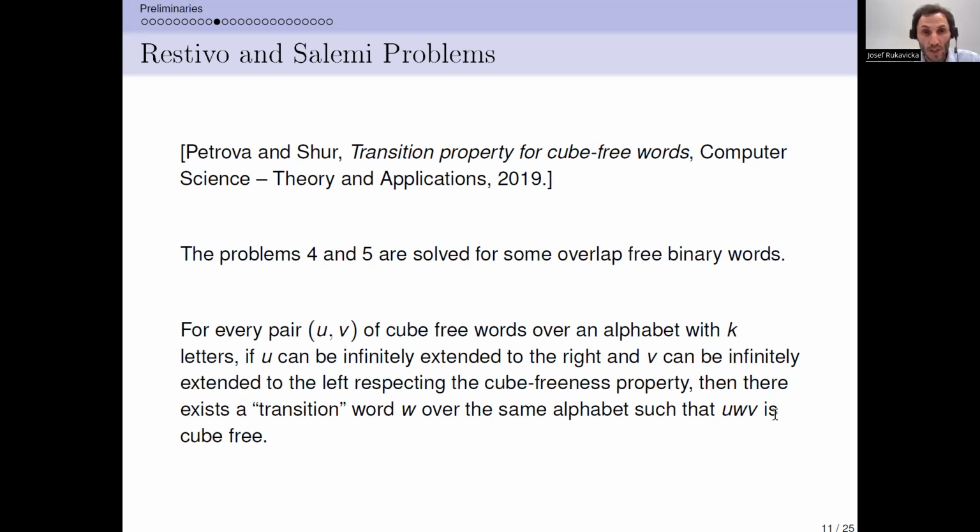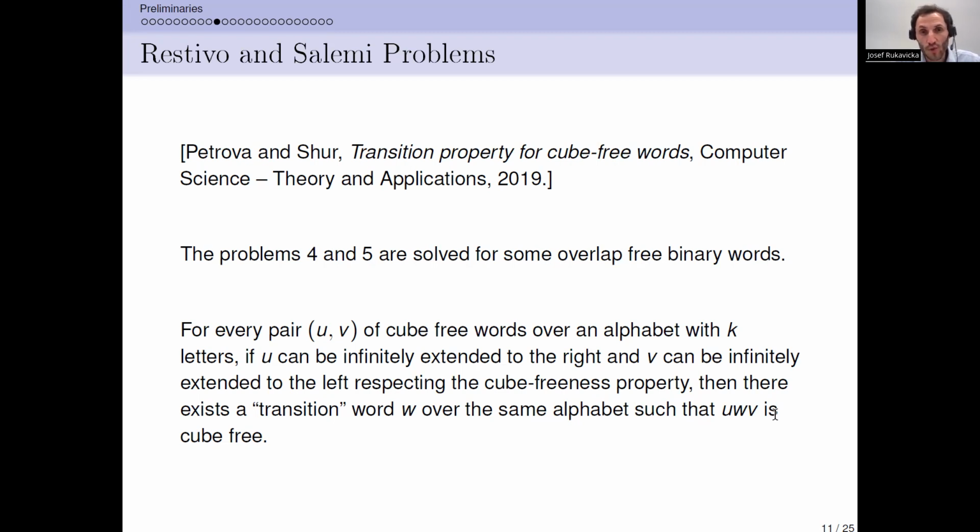You can notice in the result that the condition is this infinite extendability of the words U and V. So this is kind of a premise. We are supposing the words U and V can be infinitely extended to the right and to the left, respectively. Concerning the extendability, these are the first 3 problems.